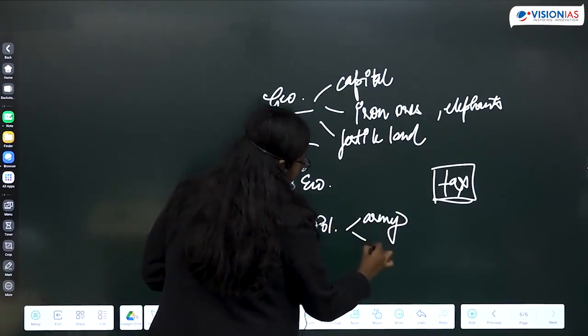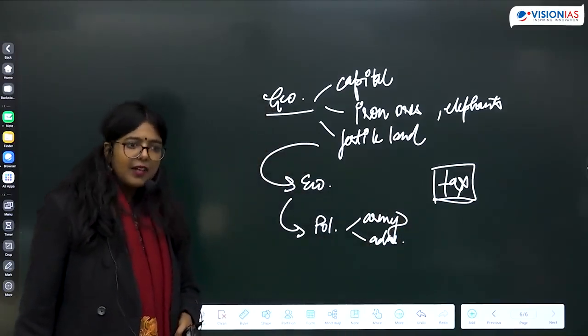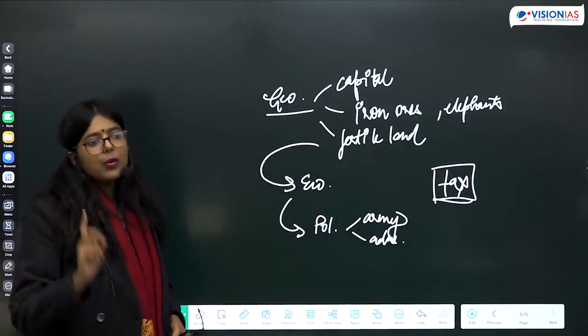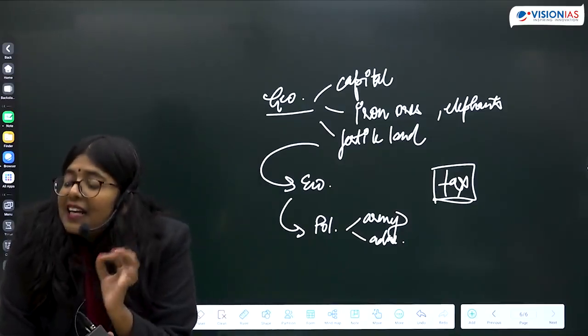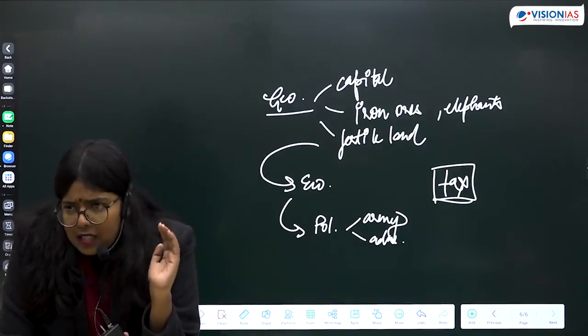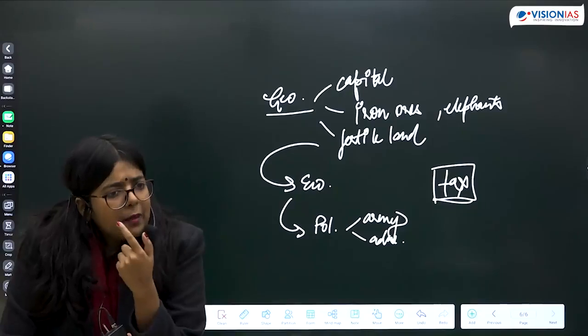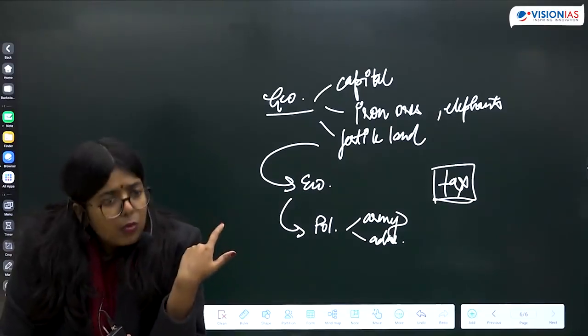Army, strong administrative machinery, as well as a series of capable and ambitious rulers. When we are talking about other Mahajanapadas, we do hear some names. For example, we hear the name of Prasenjit, we talked about Udayan.